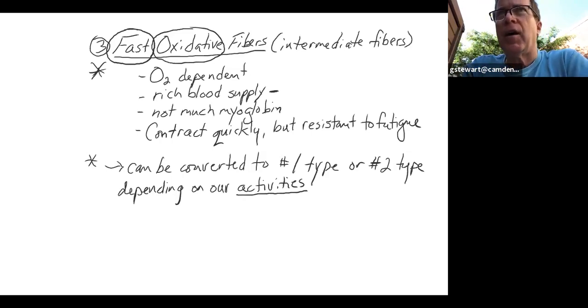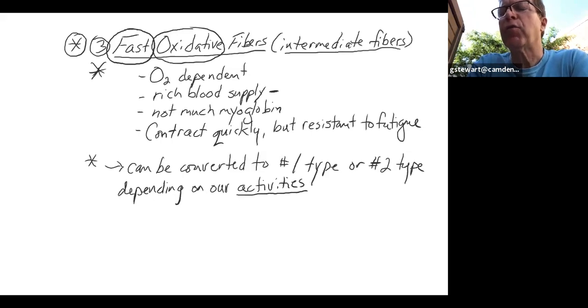I'm going to give you a classic example. If you say you want to be a marathon runner, and you train and you train and you train for months and years to be a class marathon runner, these fibers that are in your body, the intermediate fibers, the fast oxidative fibers, will be recruited to become slow oxidative fibers.